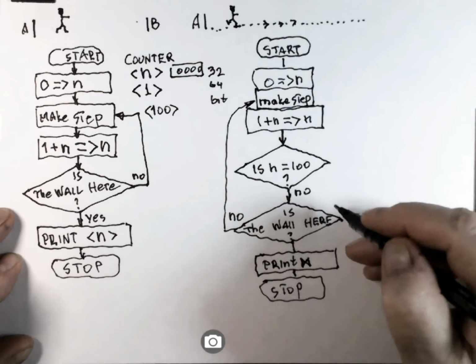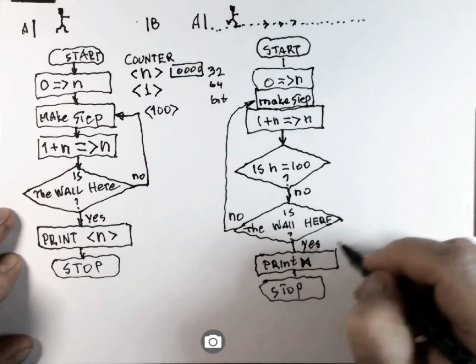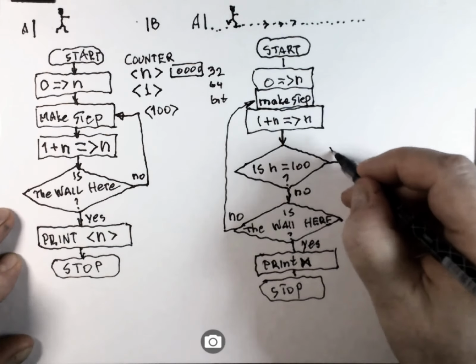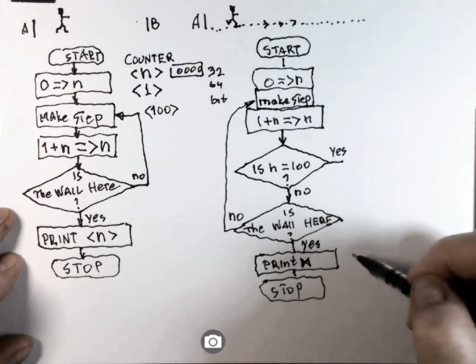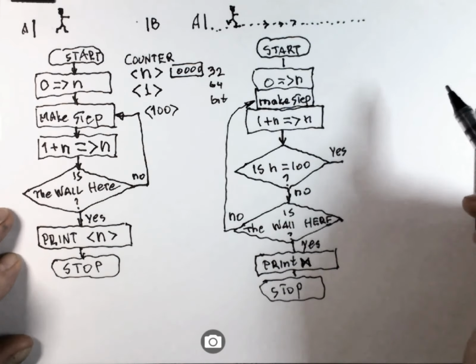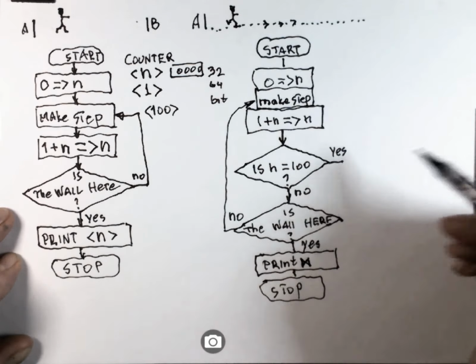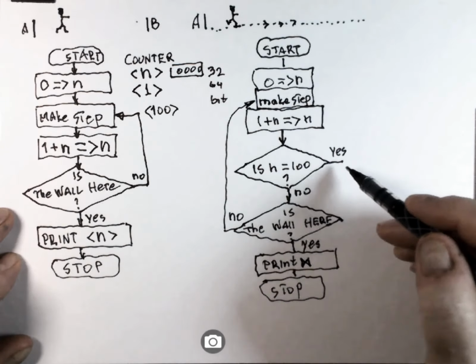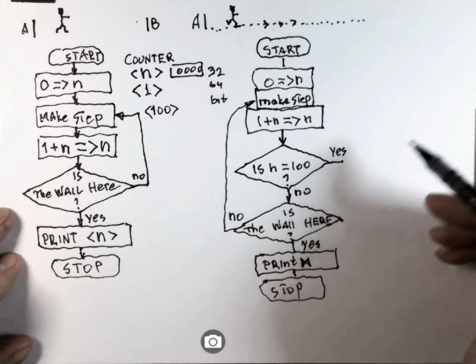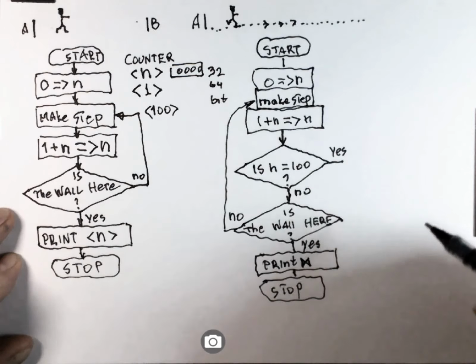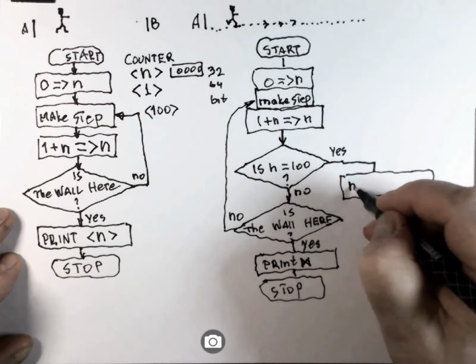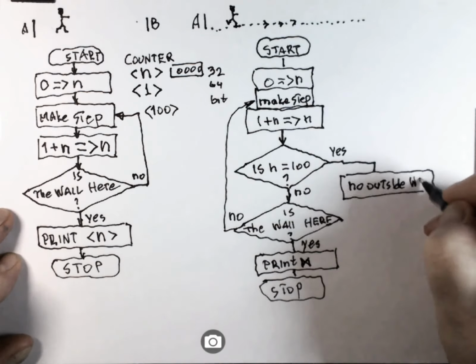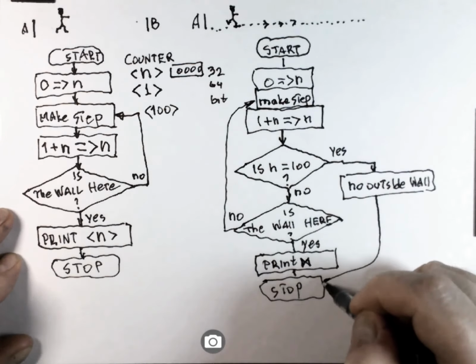But what happened if yes is here? Meaning n is equal 100, and we actually exceeded the limitation of the robot battery, and the robot cannot walk anymore. So what do we need to do? We need to print information that there is no outside wall, and then we'll go to stop.